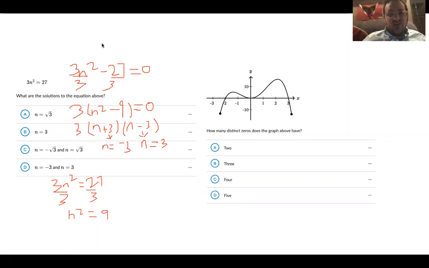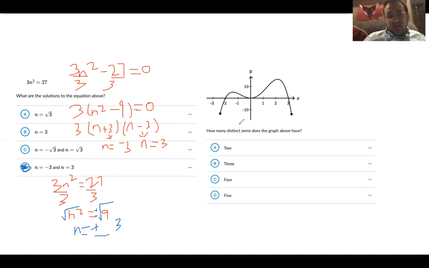And I ask myself, what is the opposite of squaring something? The opposite of squaring something is square rooting something. And when I square root, I put a plus or minus in front of it. So I have plus or minus the square root of 9, so n is equal to plus or minus 3. Those are the 3 different ways that you could solve a problem like this.